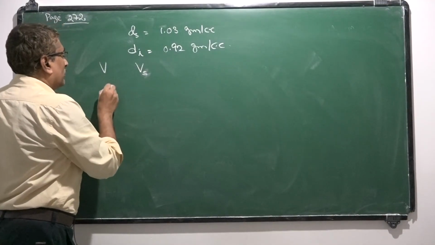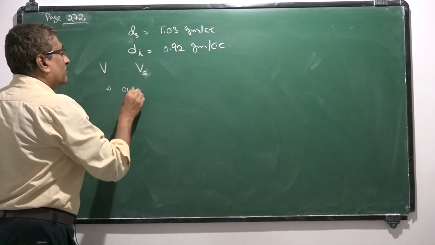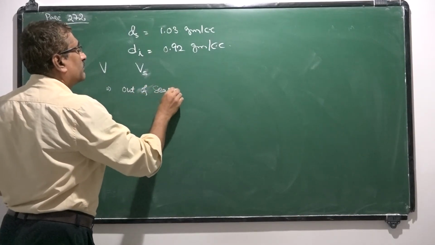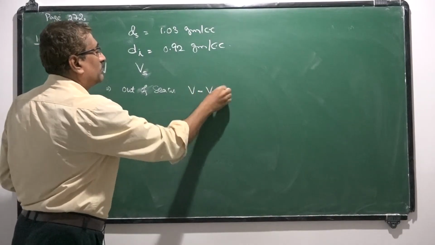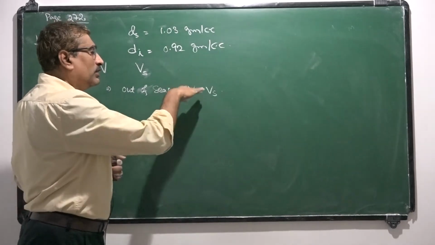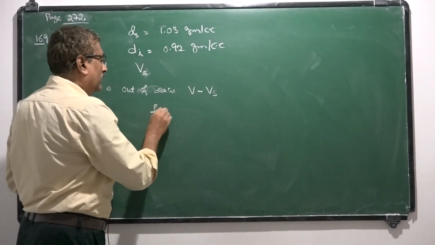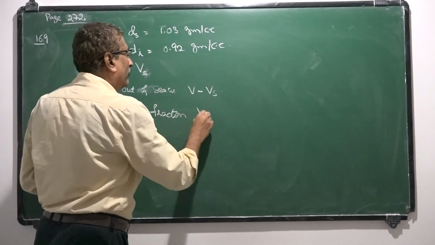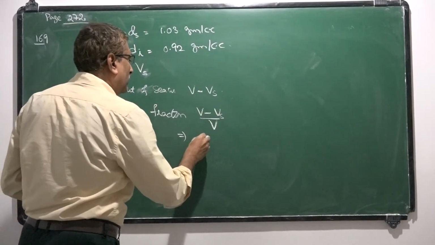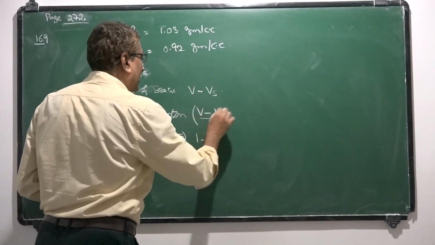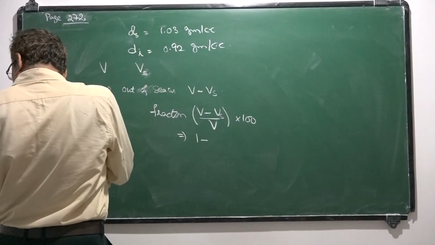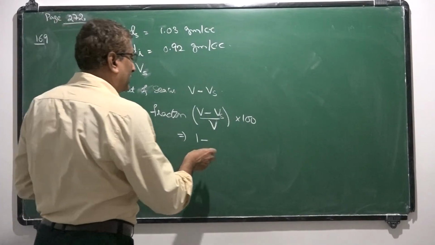So the volume out of seawater is V minus Vs. Now we have to find the fraction of total volume that is outside. So fraction is equal to (V minus Vs) by V. That implies 1 minus Vs by V, into 100 to calculate percentage. Okay, the answer is given in percentage.